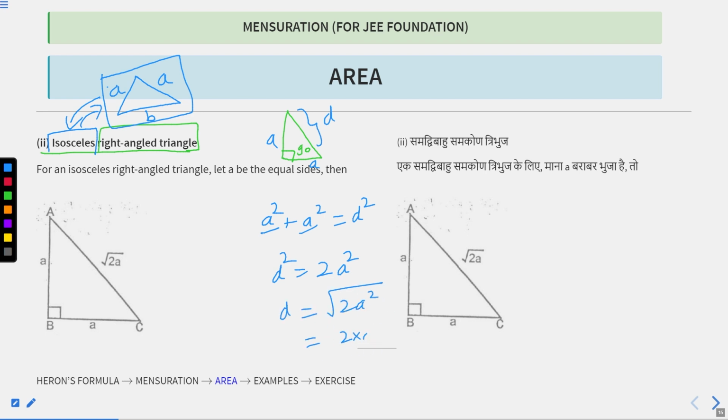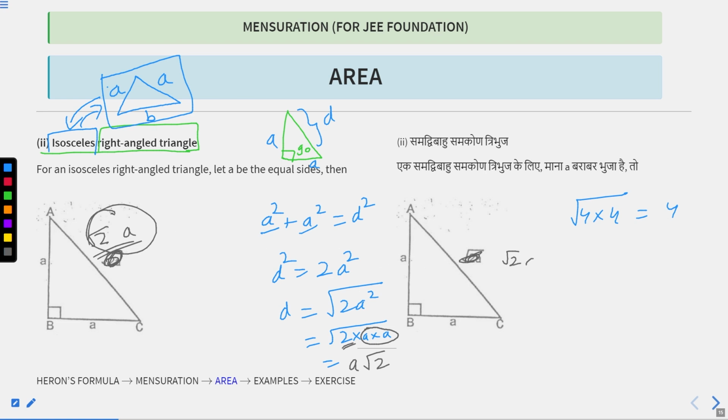If you recall, in roots, if you have pairs, you can get them out. So I have the pair of a, so it is a, and 2 is alone, so it remains inside the root. So it is a root 2. This will be the hypotenuse for the isosceles right angle triangle.